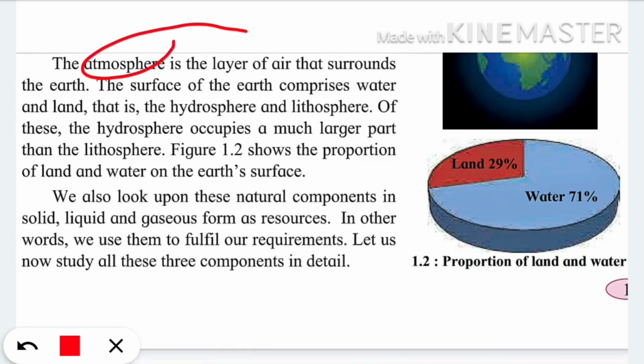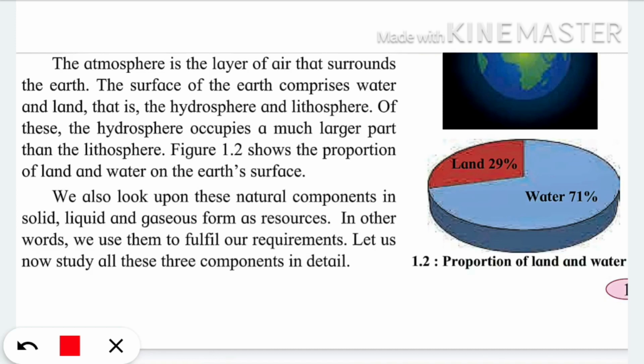The atmosphere is a layer of air that surrounds the earth, which means the earth has only hydrosphere and lithosphere. We look upon these natural components in solid, liquid and gaseous form as resources. In other words, we use them to fulfill our requirements. Let us now study all these three components in more detail.